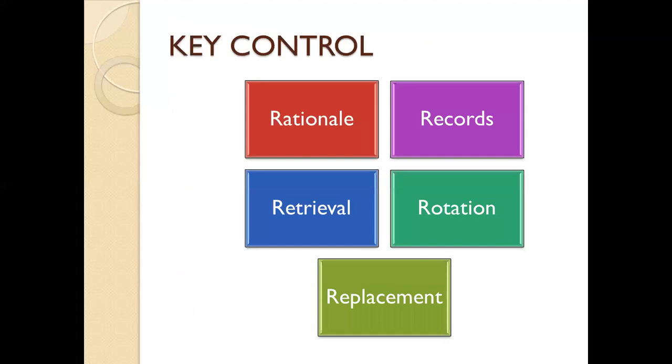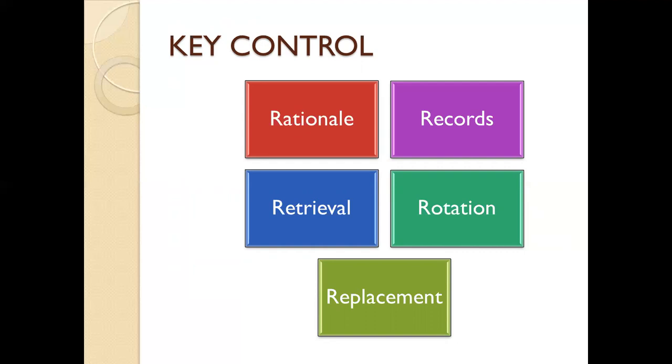So we also have key control, and for key control we have the 5 R's of key control. We have the rationale, records, retrieval, rotation, and replacement. So for the security topic, key control is very important because key control is for locking systems, and it is necessary in order to establish and maintain the security of the facility.